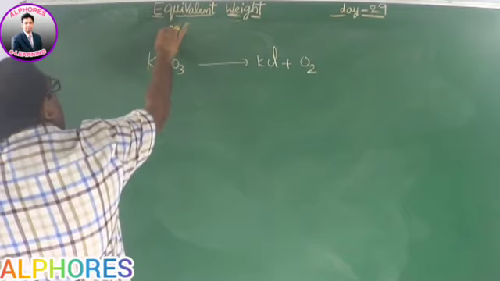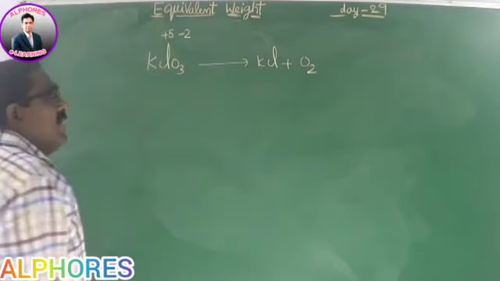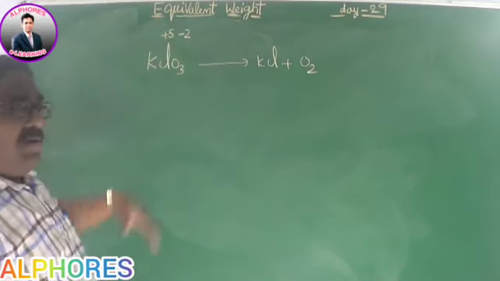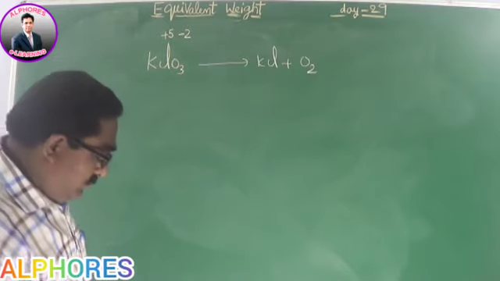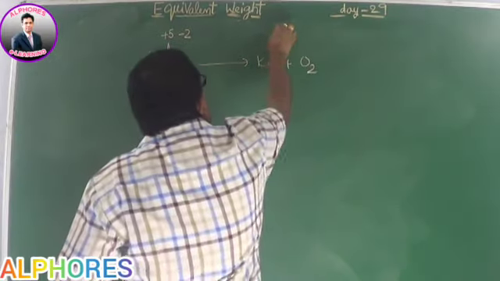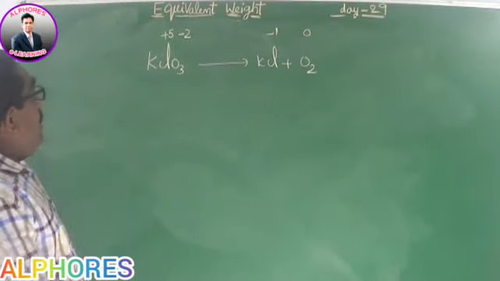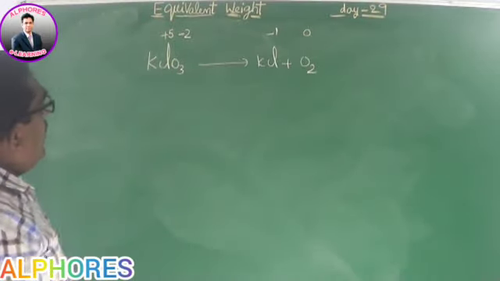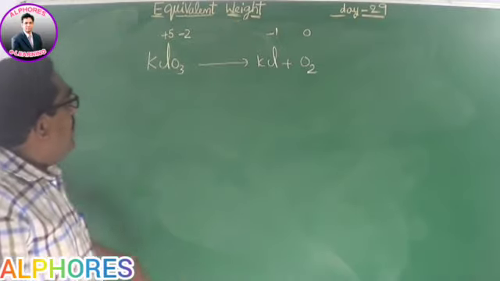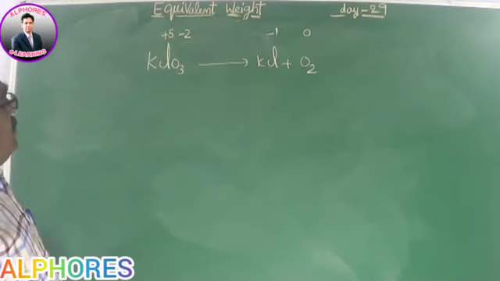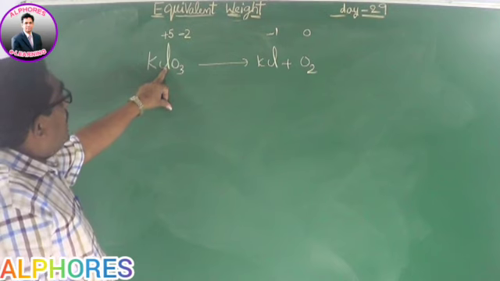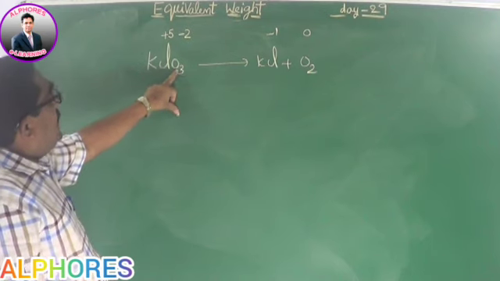Here, chlorine is +5 and oxygen is -2. We know very well how to calculate those two. Here, the chlorine is -1 and oxygen becomes 0. Chlorine is undergoing reduction and oxygen is undergoing oxidation. So, chlorine is the oxidant and oxygen is the reductant.